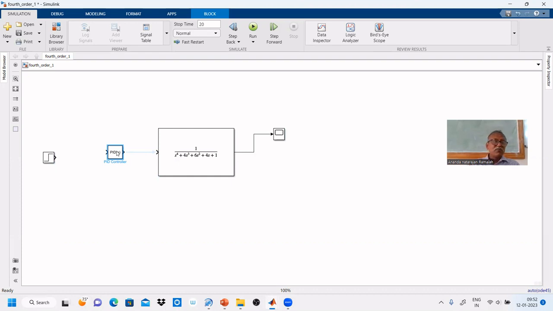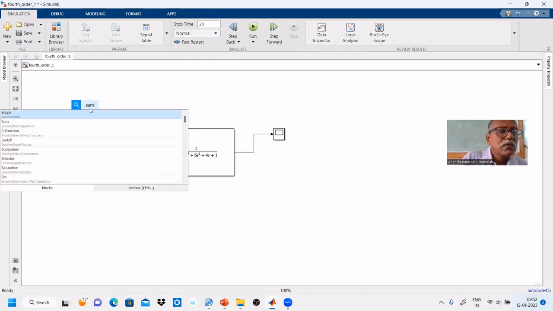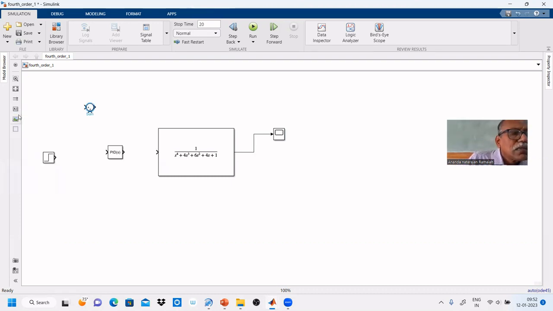That's why you have to give set point and PV. It will subtract and find the error. But here it won't find the error, that's why we need a summing block. Summing block is available. So PID block is included.